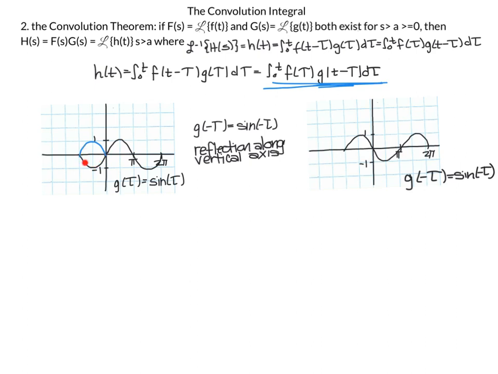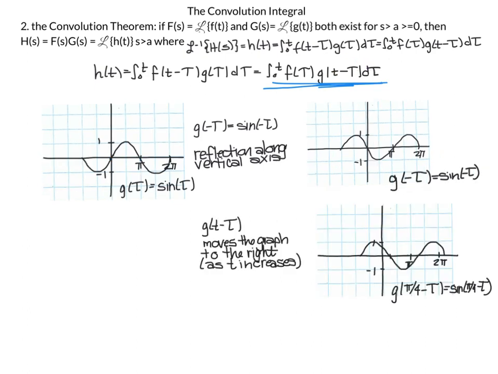Reflecting this portion here across the vertical axis will give me this here. And then reflecting this across the vertical axis, well, it'll start way over here. And this is what I get. So then my final reflection of this sine curve over the vertical axis gives me this blue curve here, which is exactly what I've drawn over here.